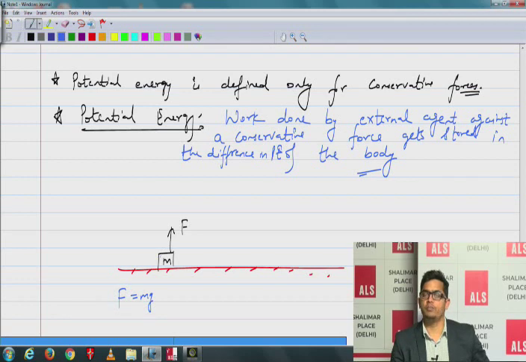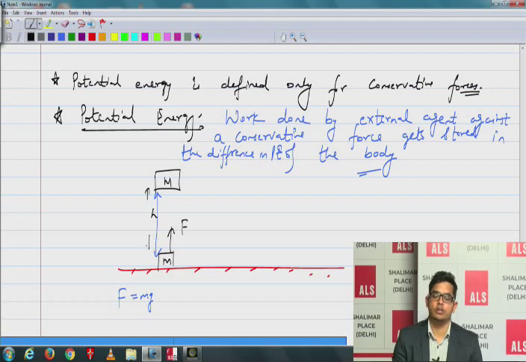You take this body from this position to this position. Then what is the work done? Suppose this height is h. The work done is given by F into h, where F is mg, so mgh.